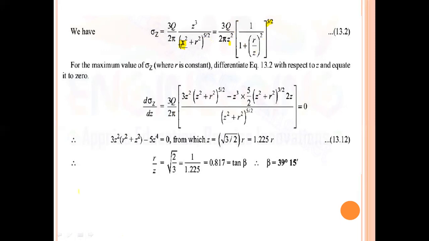So next, for the maximum value of sigma z where r is constant, differentiate the equation with respect to z and equate it to 0.